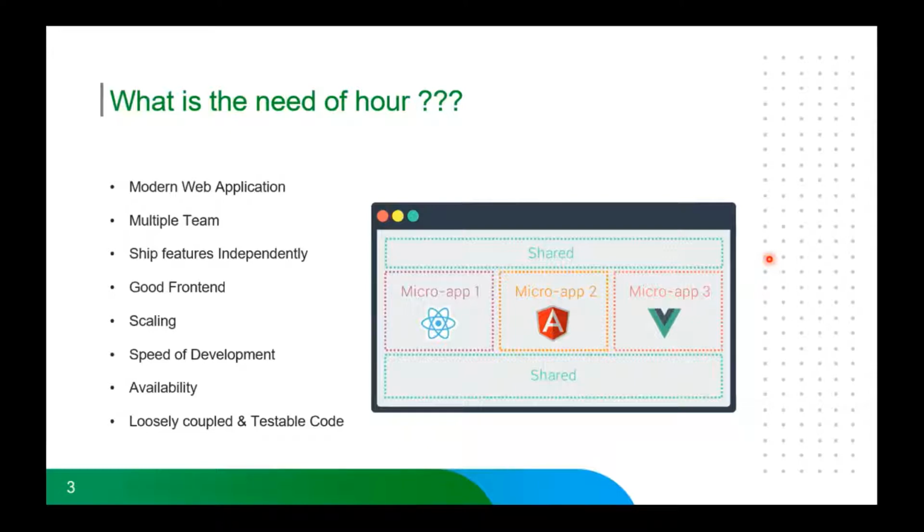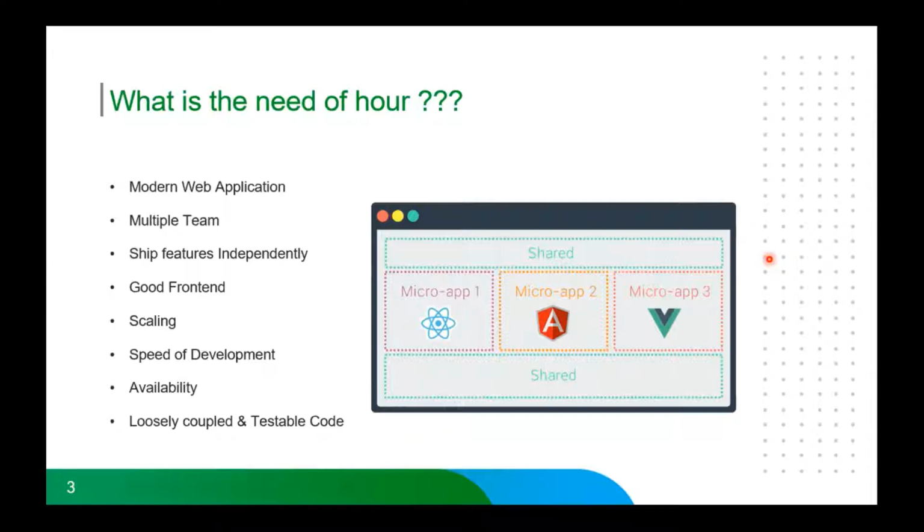What are the needs of the hour? What we are actually looking for in today's web environment, web technologies, web applications. This is mostly in terms of the developer and product owner views, not the end user views, but as we are all developers here, these views are according to those.